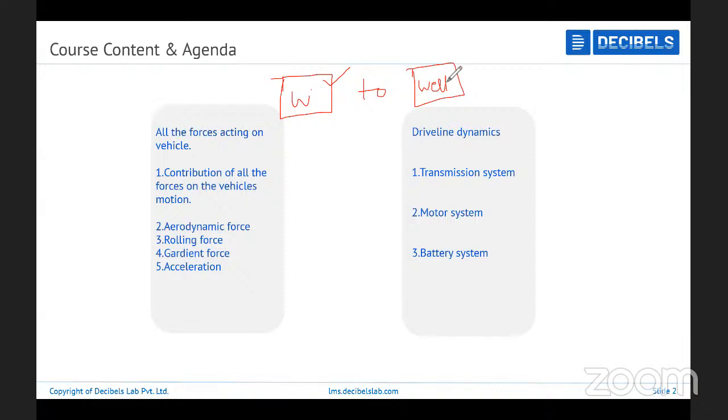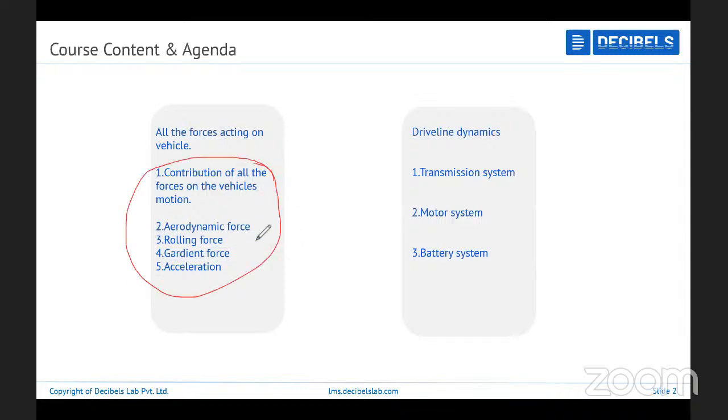Considering all those things, we have to go for sizing the components. First, we will decide what is required at the wheel side, maybe in terms of torque, speed, or force, whatever we have to calculate. First we'll be calculating all the resistive forces, going through some basic definitions and the equations we are using.